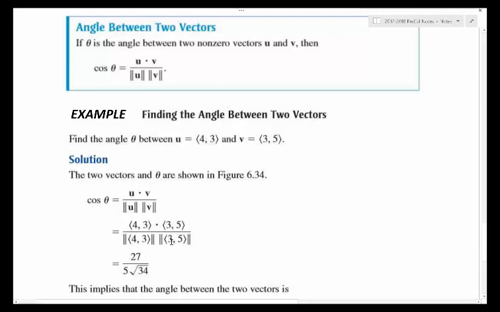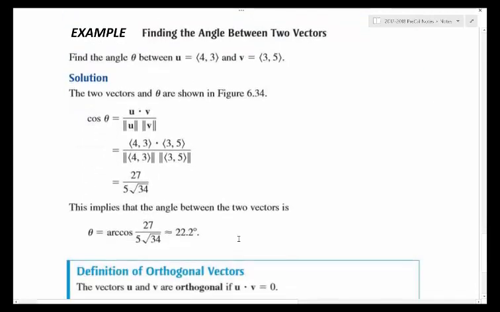The magnitude of the second one will be 3 squared, which is 9, plus 5 squared, which is 25. The two of them together are 34, the square root of 34. So the cosine of theta will be equal to 27 over 5 times the square root of 34. In order to solve, I have to take the arc cosine, or the inverse cosine, of that. When I take the inverse cosine of that amount, it is 22.2 degrees.